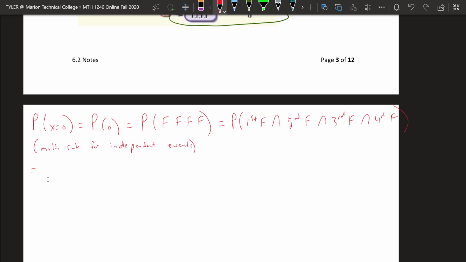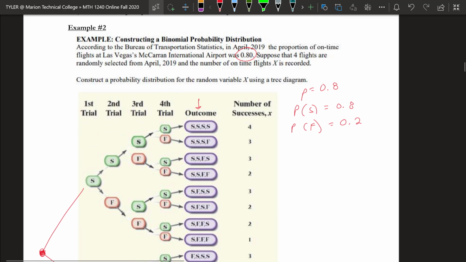So that would give me the probability of F for the first plane times the probability of F for the second plane times the probability of F for the third plane times the probability of F for the fourth plane. And we already noted that the probability of F up here is 0.2.